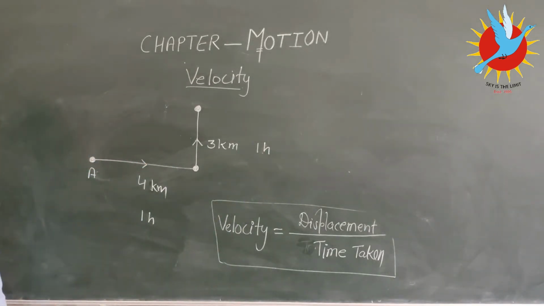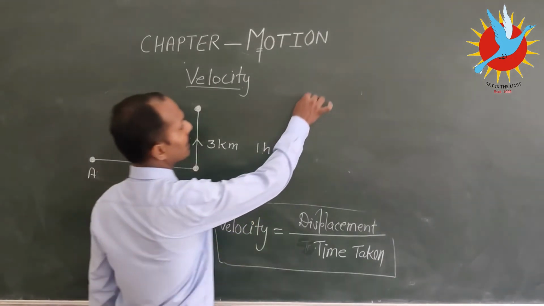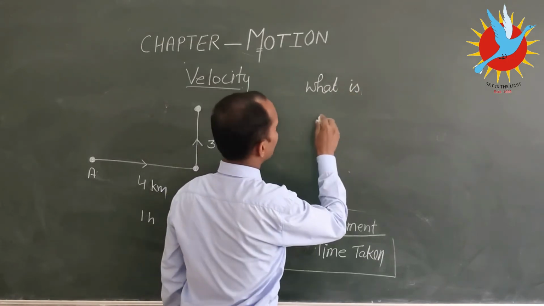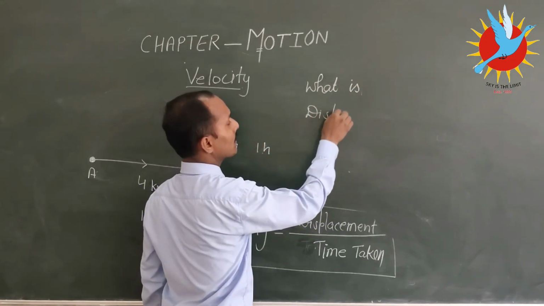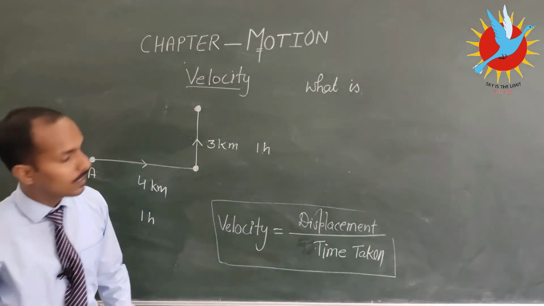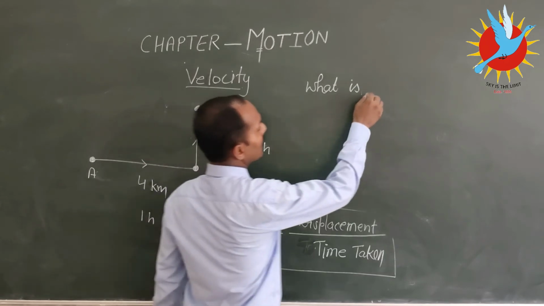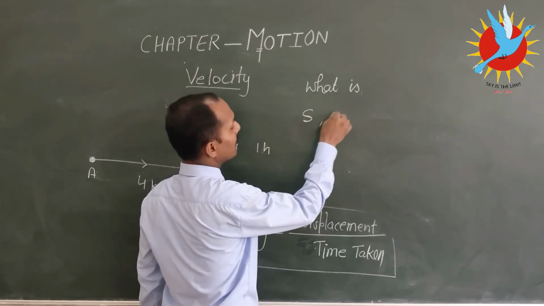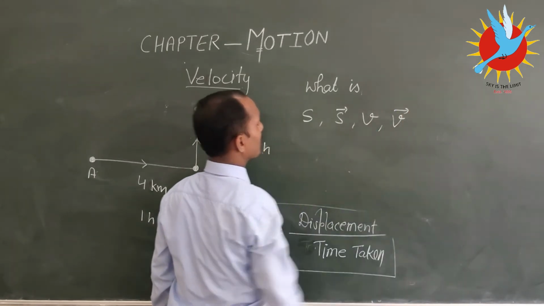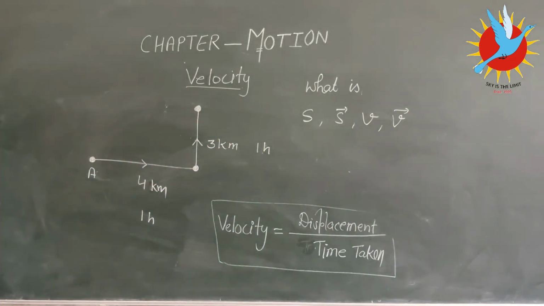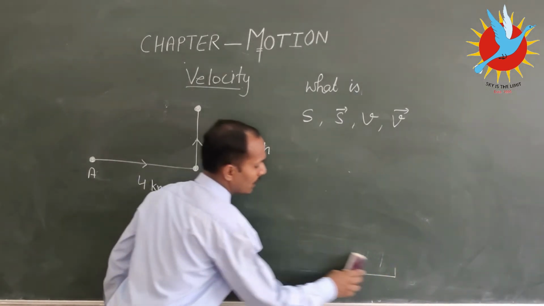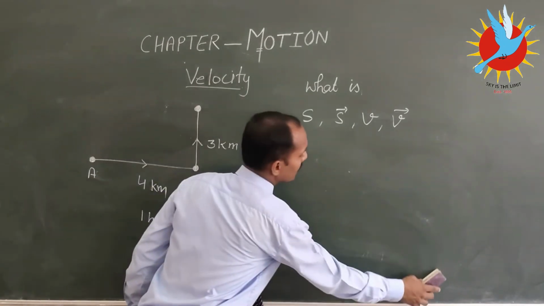Then the question is: what is the distance, displacement, speed and velocity of the object? How can we solve it?